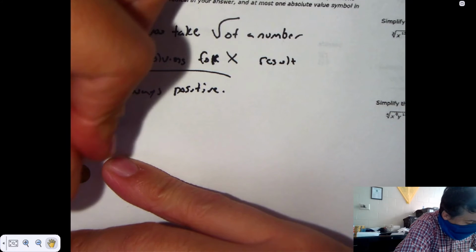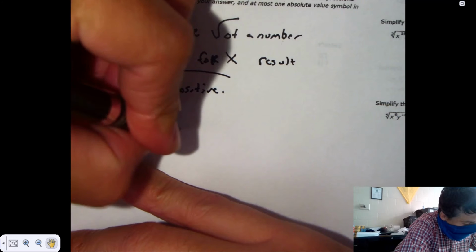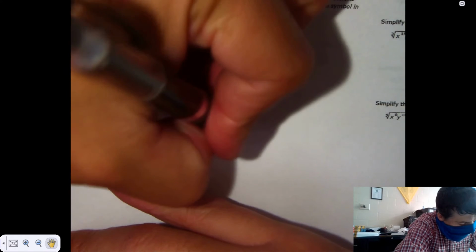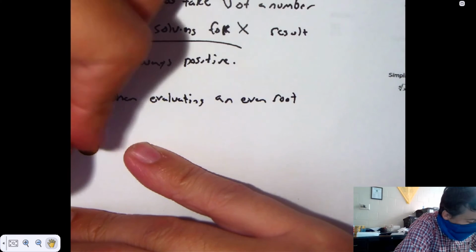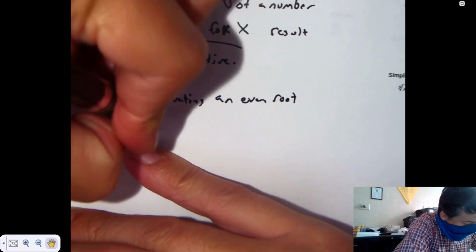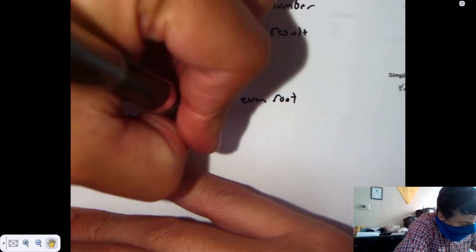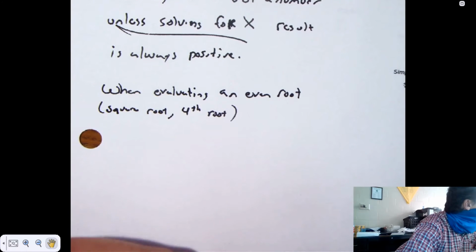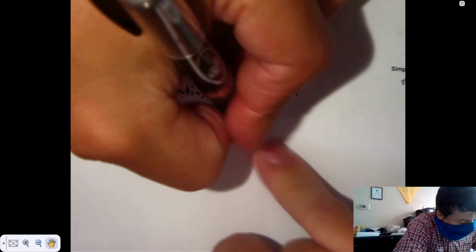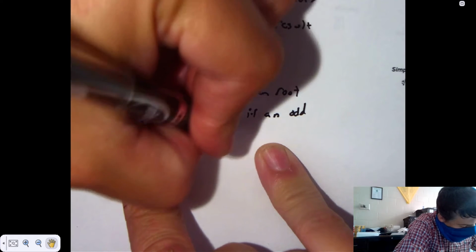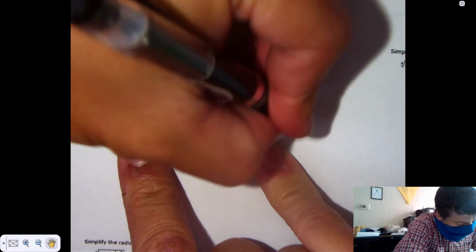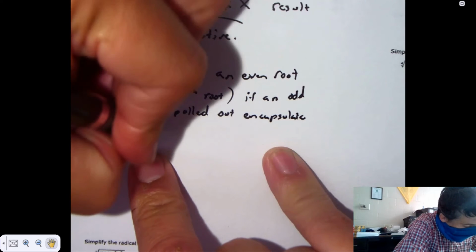But when evaluating an even root, being something like a square root or a fourth root, whatever, as long as it's an even root, if an odd quantity is pulled out, encapsulate in absolute value bars.